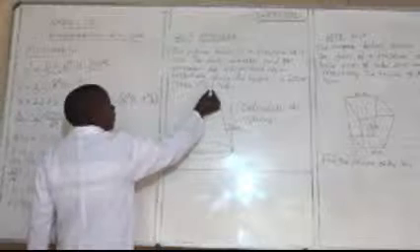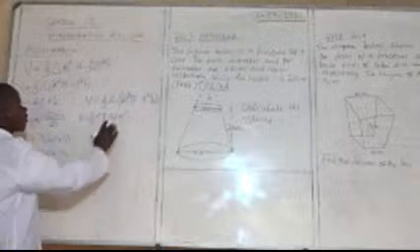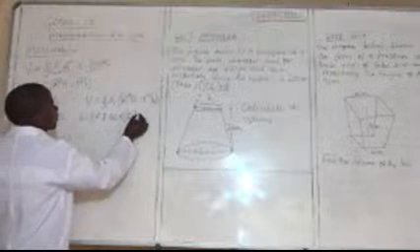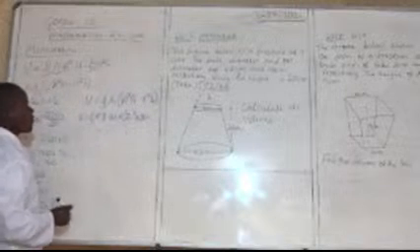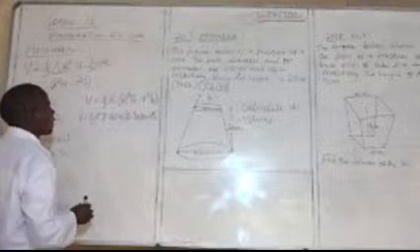Here we have been given pi as 3.142, times the bigger radius, which is half of this, which is 21 squared, times h, which is 30, minus the radius here, half of 14, 7 squared, times the h here, which is 10.